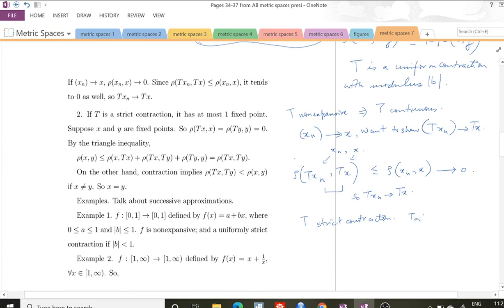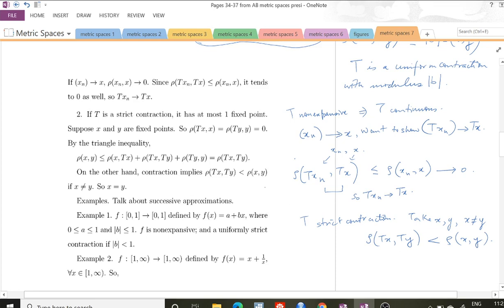Take x and y that are distinct, and a strict contraction says that the distance between tx and ty is strictly less than the distance between x and y. So what's being said is that in that case, there is at most one fixed point.